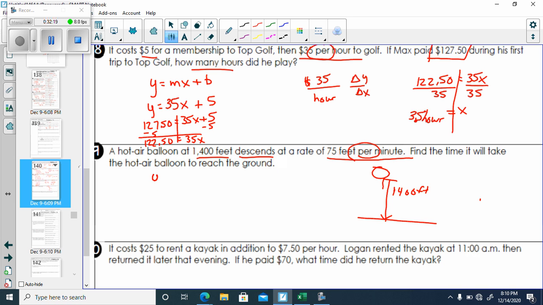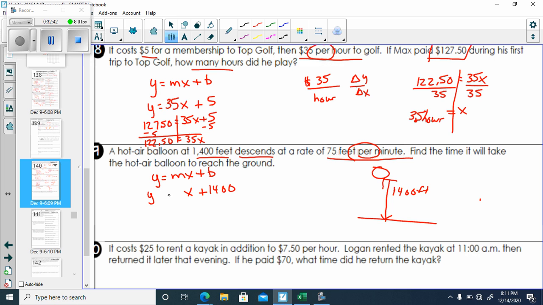Well, let's write our equation. Y is equal to mx plus b. Okay? Our b, a hot air balloon at 1,400 feet. That means that's where it starts. So our 1,400 goes in for our b. What is our rate? It descends at a rate of 75 feet per minute.